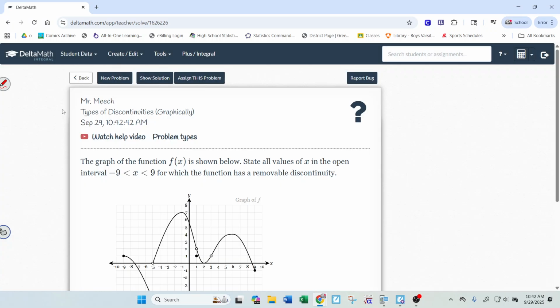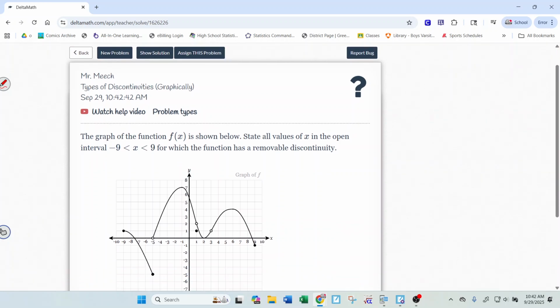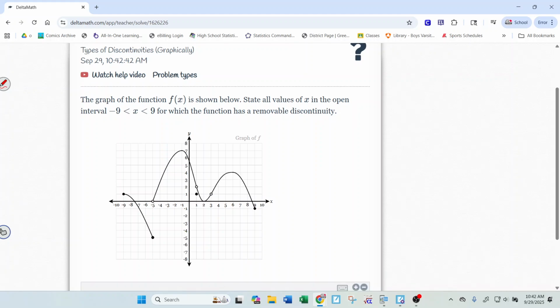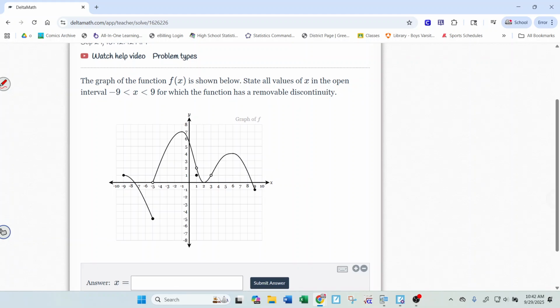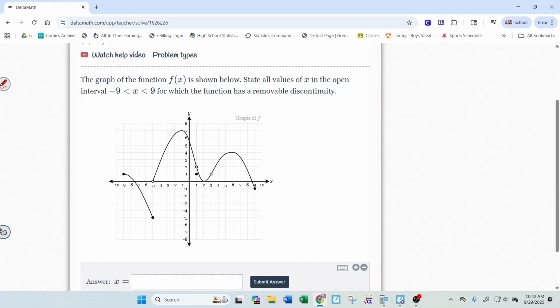Let's just look at a couple of the kind of questions you're going to get. You can start doing some of these. So, graph shown, state the values of x which has a removable discontinuity. So if you look at the types we have, which one of these has a removable discontinuity? We have a discontinuity at -5, 1, and 3.